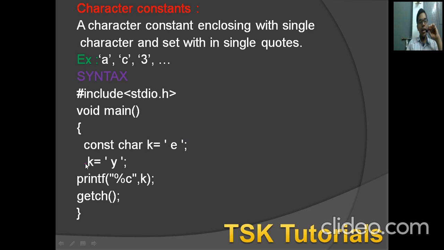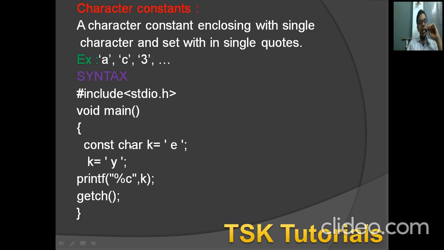I have given another alphabet to the variable k, and then I am trying it on the output screen. What do I have to get? I want to print it as a character. I want to get the character because I gave the input as a character, and I want to get that character back on my output screen. I have given it as %c.